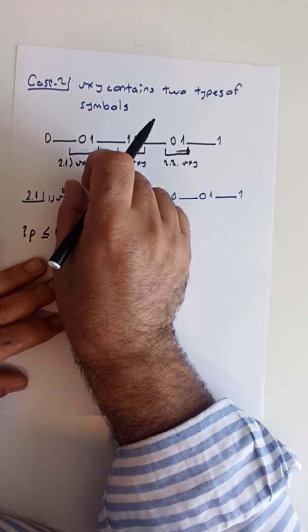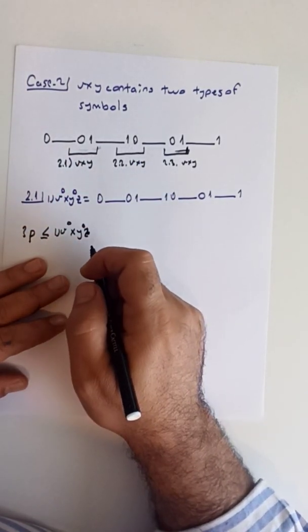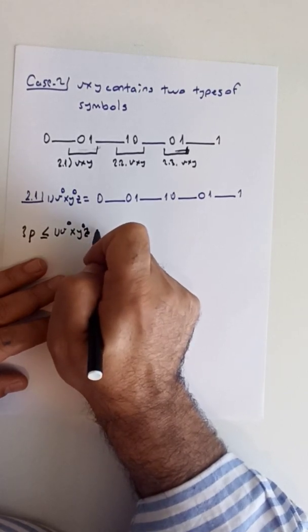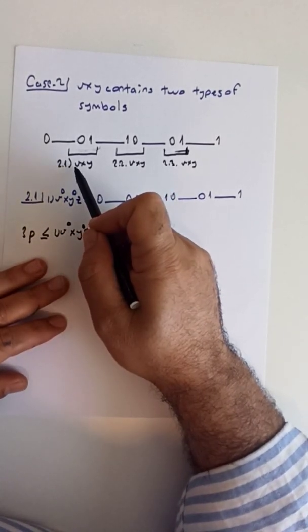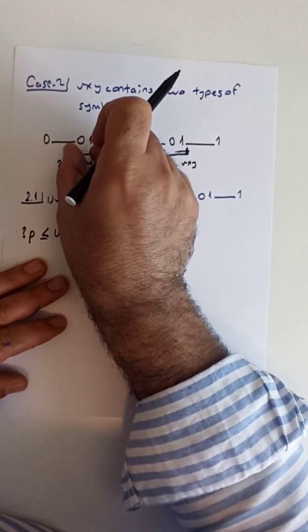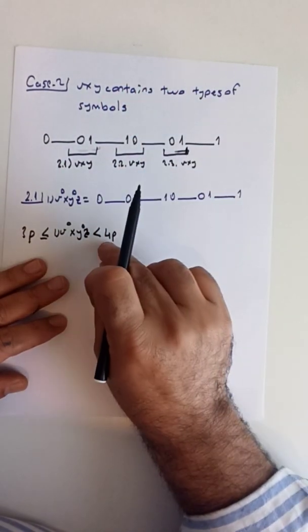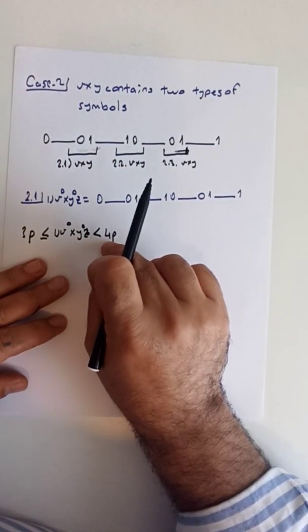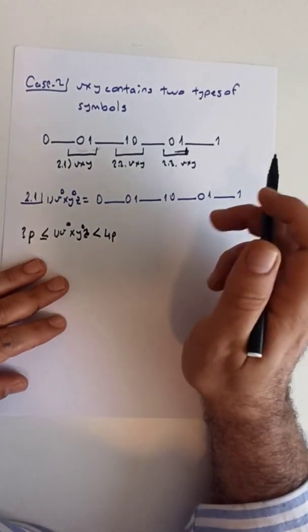Since the original length is 4p, the new length will be at least 3p. And it is less than 4p because, due to condition 2, v or y is not epsilon, which means we definitely remove some symbols from the original string.